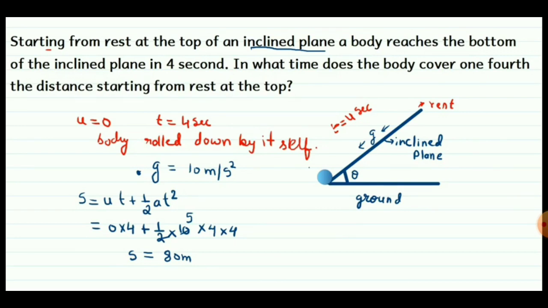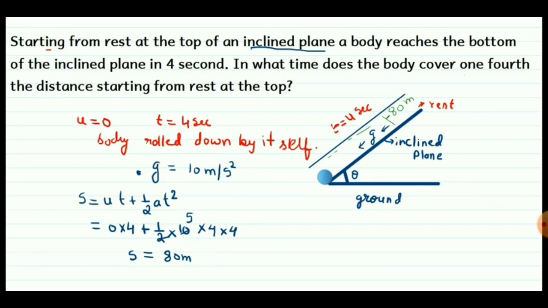Now let me draw a line on the graph. This is the distance, 80 meter, student, from top to bottom. Let me write the value of this: 80 meter. This is the total length, but the question is not asking about the total distance. It has asked for 1/4 of the distance.